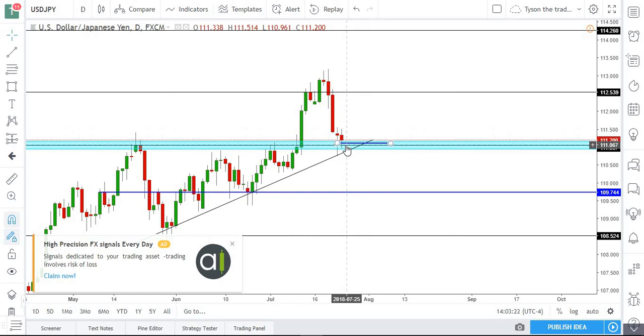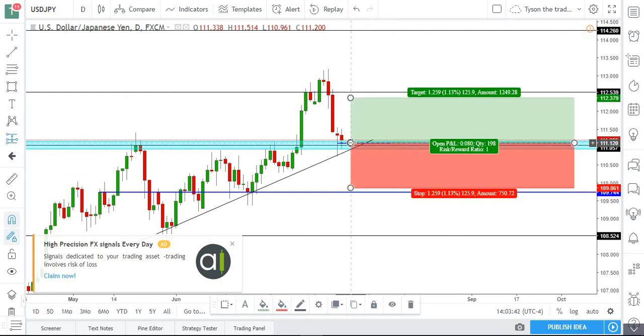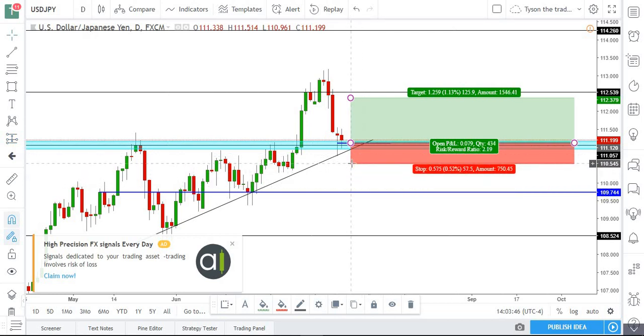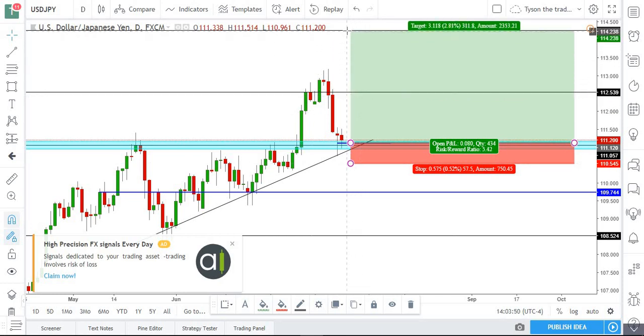Entering with this method gives you more in terms of risk and reward because your stop loss is going to be much tighter. Your stop loss is going to be much smaller and your potential reward is going to be much bigger. Here's what I mean. Let's say you took an entry over here, stop loss just here, to take profit.